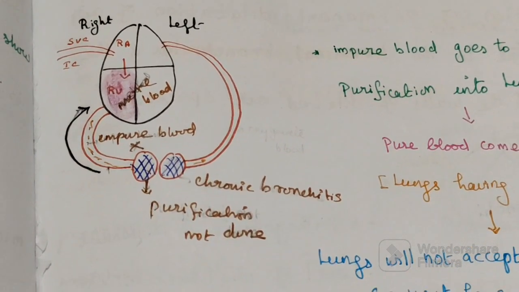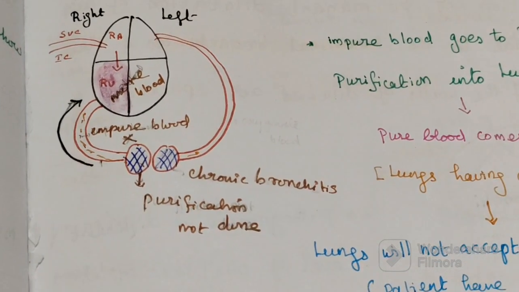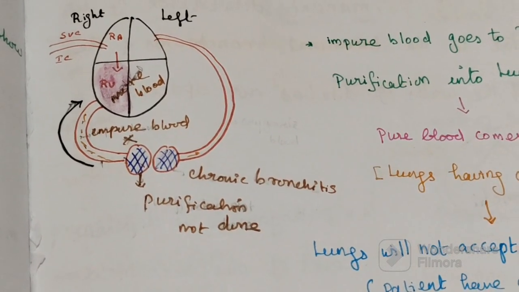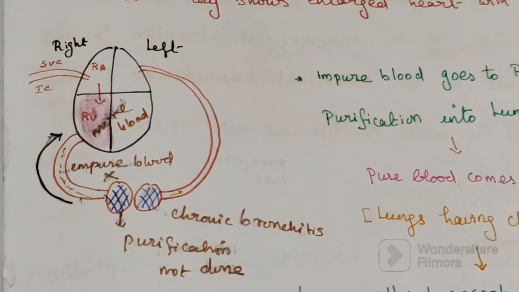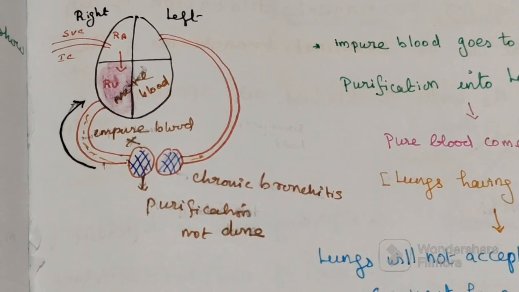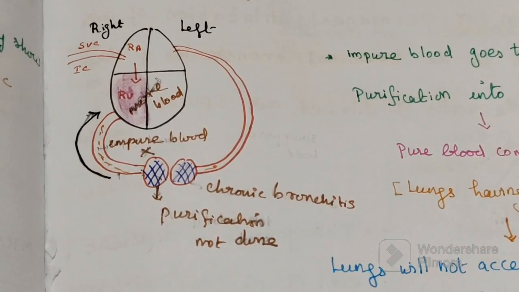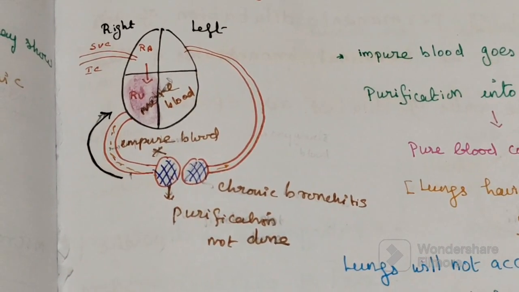It will not be able to come into the lungs for purification. So the right ventricle has more blood, which leads to right ventricular hypertrophy.